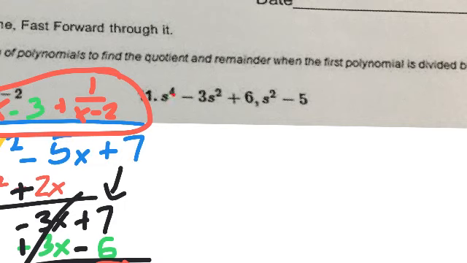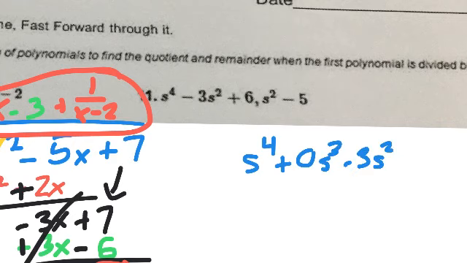What I notice is my exponents do not decrease uniformly. We go from a 4th power to a 2nd power to a constant. When we're dividing, we really want every power to be represented. So if I was writing this out, I would write this as s to the 4th plus 0s to the 3rd minus 3s squared plus 0s plus 6.